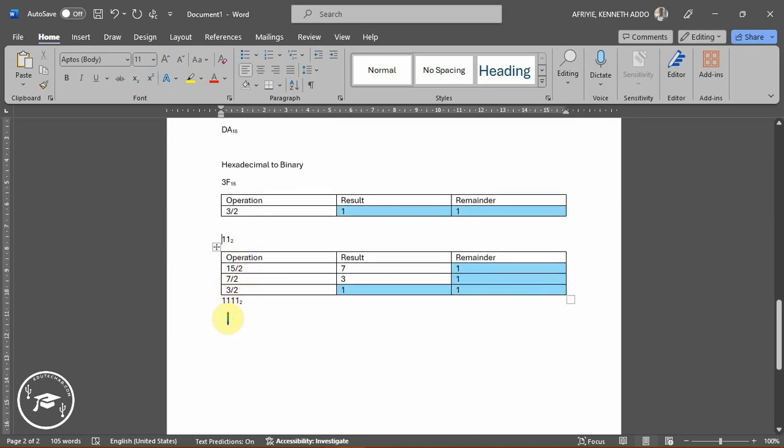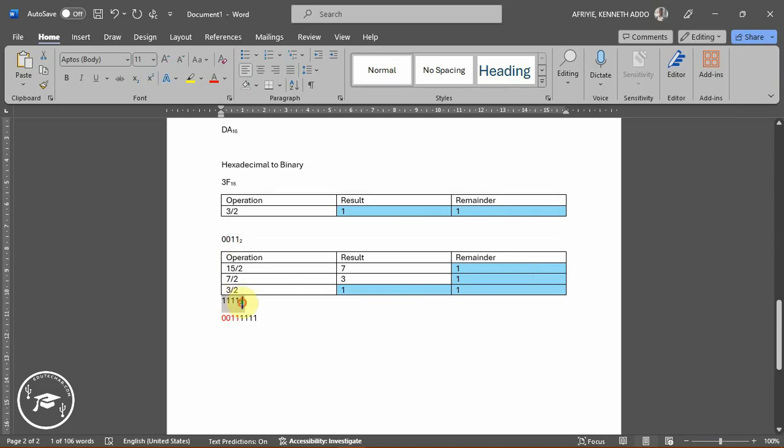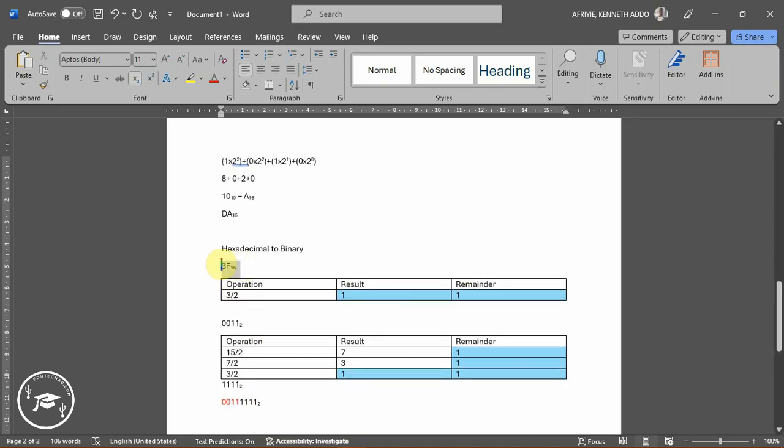So we'll do 0, 0, 1, 1, and the zeros are the ones we added. Then we add the 1, 1, 1, 1, which is this set. So this set is for this side, and this set is for this side. Then we put it in binary. That is how we convert any hexadecimal into binary. A very simple procedure and easy to go about.